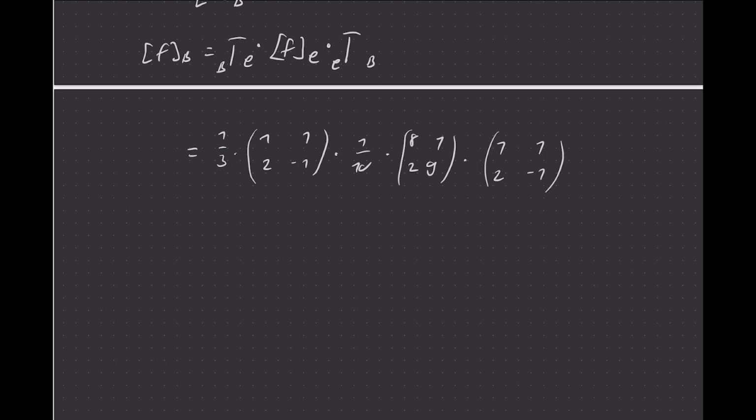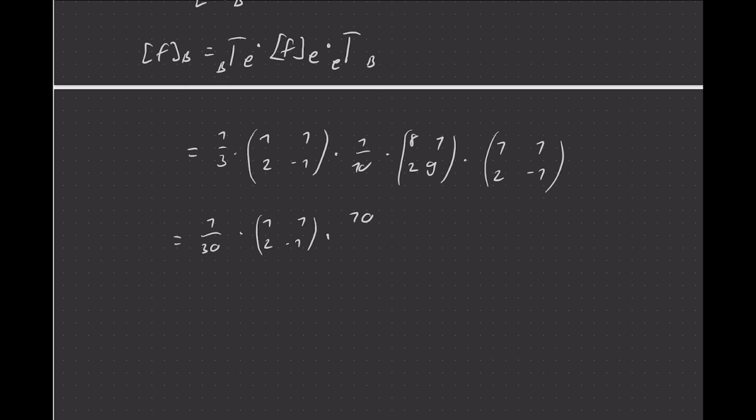So what do we have to do now? Well, we just have to compute this matrix product. Let's see. 1 over 3 and 1 over 10, we can take both of these out. That's 1 over 30. We copy the first matrix and we compute the product of the last two of these two here first. And what we get is, let's see, 1 times 8 plus 2, that is 10.